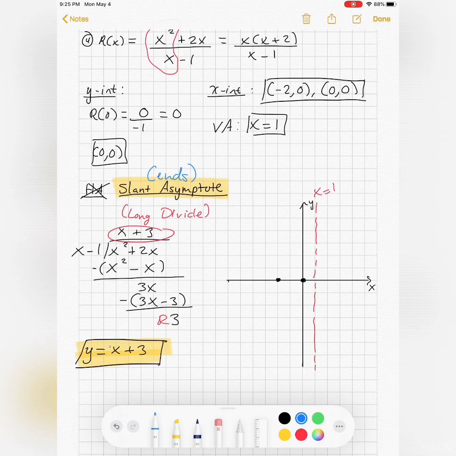Okay, let me graph that. So the y-intercept is 3, the slope is 1.